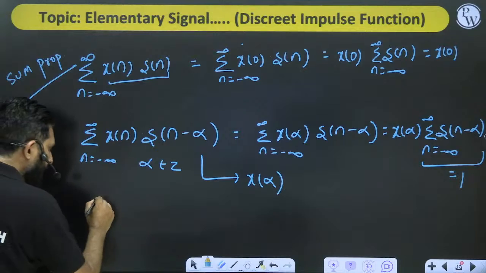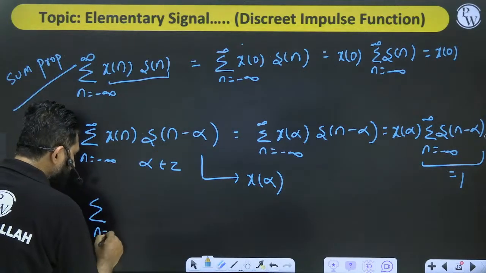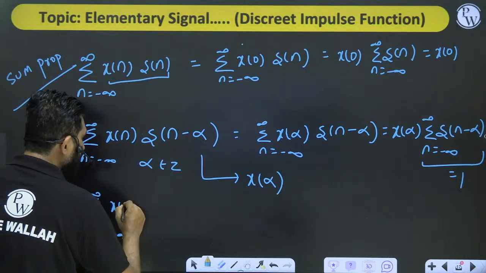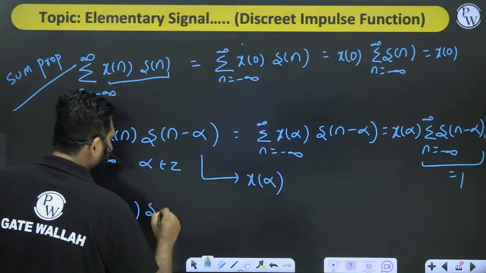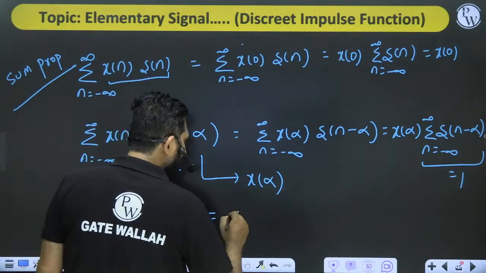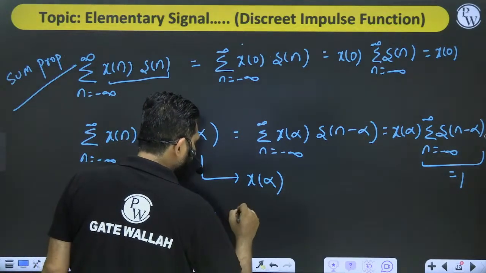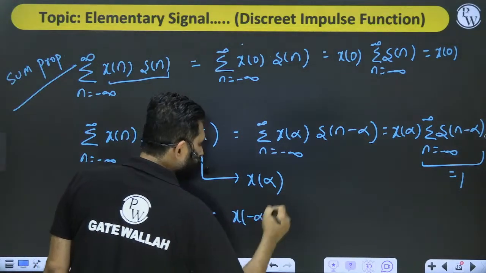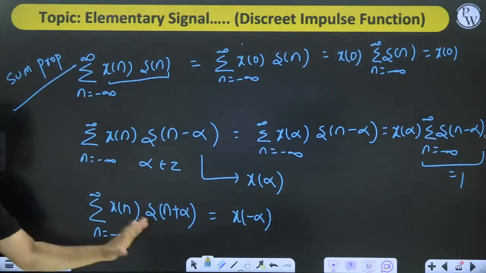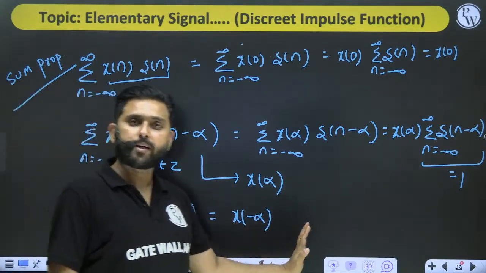Same, you can write summation n equal to minus infinity to infinity of xn delta n plus alpha is x minus alpha. It is exactly the same property, the area property we covered in continuous time.